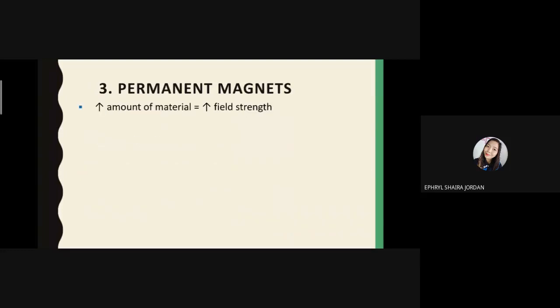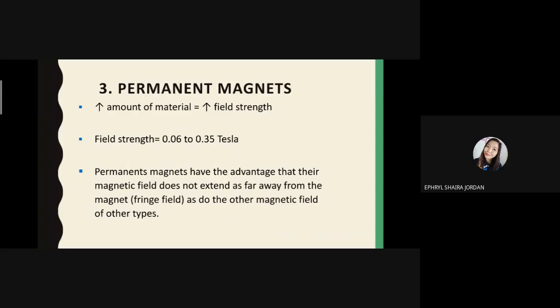So, ang principle lang ng permanent magnets, if there is an increase of the material, well, of course, the field strength would eventually or will also increase. So, usually, ang field strength lang na ma-provide ng permanent magnets are around 0.06 to 0.35 Tesla.